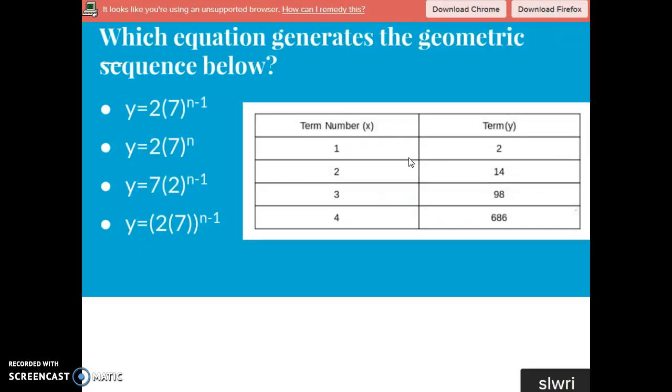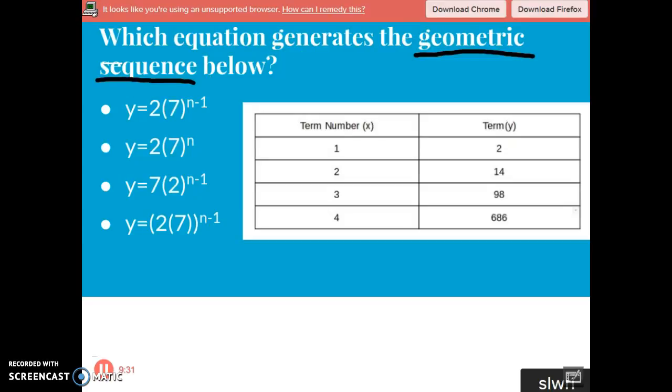My next question says, which equation generates the geometric sequence below? Hey, I've learned something about geometric sequences. Geometric sequences have a special formula.